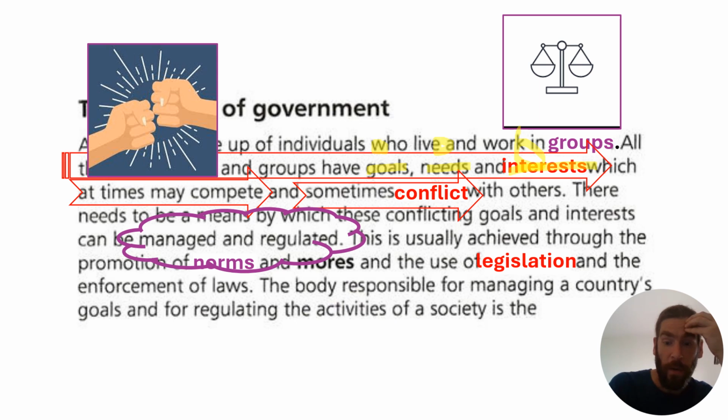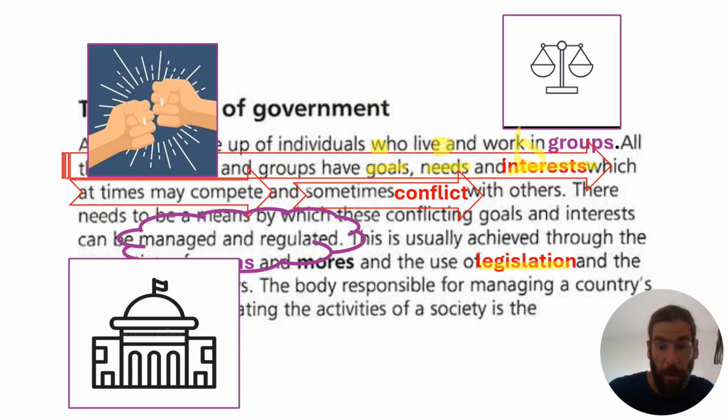And the body, we use legislation, so we write laws in very thick books and we write everything down. You cannot steal from each other, you cannot kill each other, you cannot pretend that I'm somebody else and ask you to give me money. There's identity fraud. You cannot hack into my computer. These are all things we have written down, and this becomes legislation. The rules that we have written down in a lot of official books.